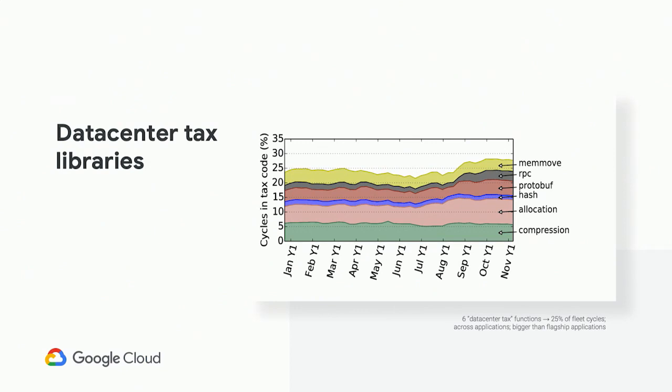Right? And these 6 functions are what we call data center tax functions. They are things like memory allocation and so on, but a good majority of them have to do with moving data and networking, things like memory copy, RPCs, protocol buffers. And so really being able to start thinking about this is going to be very critical.